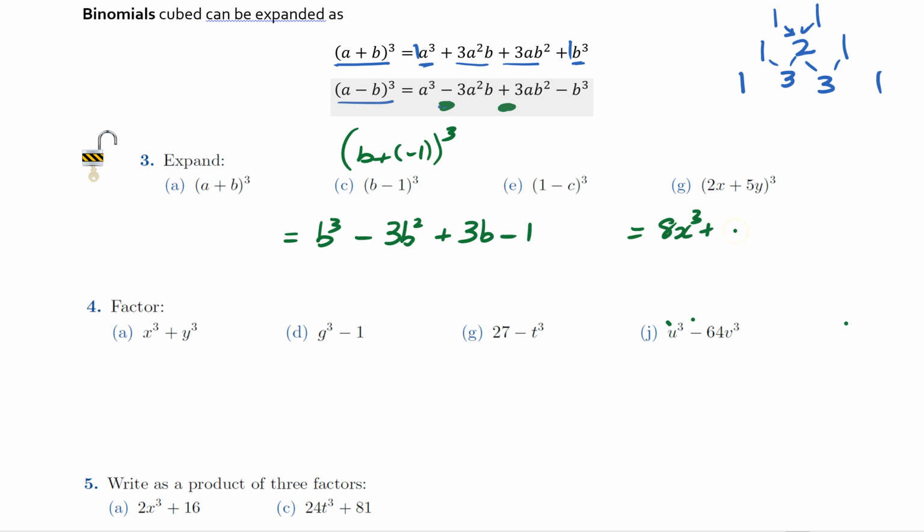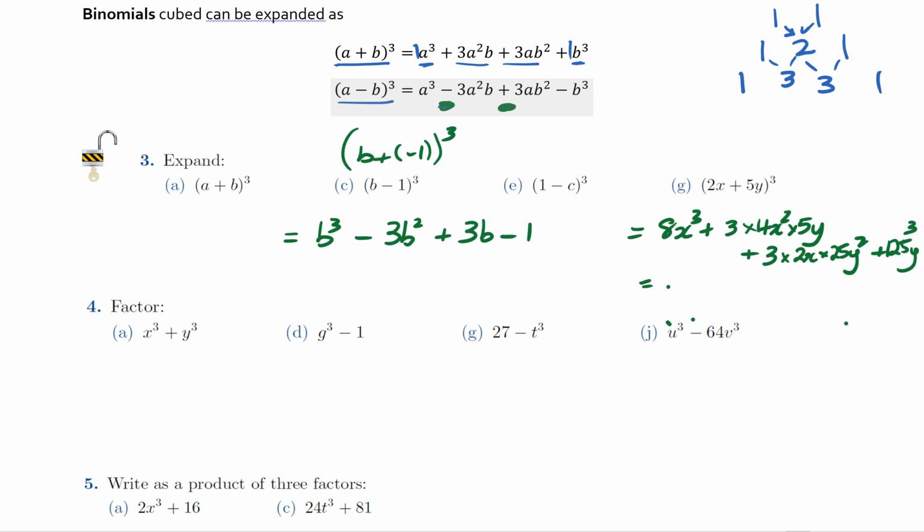And then I've got 3 lots of, I might need 2 lines here, 3 lots of 2x all squared, sorry, so that's 4x squared, times 1 lot of 5y, plus I've got 3 lots then of 2x times 5y all squared, which will be 25y squared, plus I've got 5y all cubed, which will be 125y cubed.